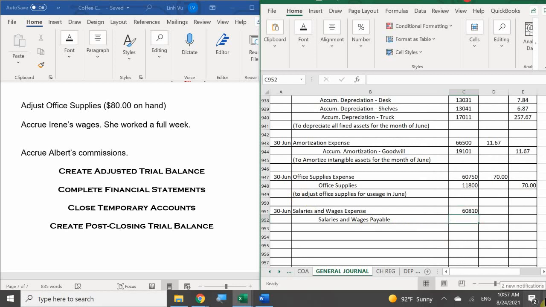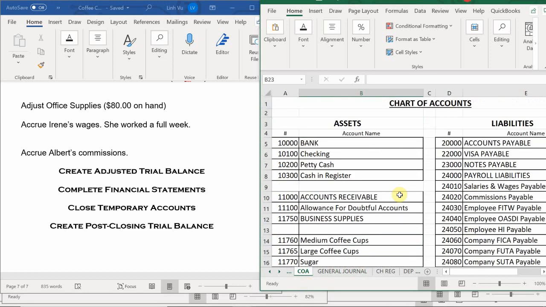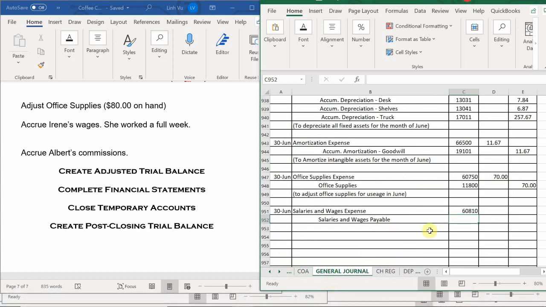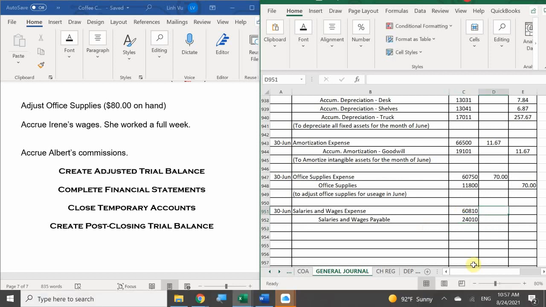And then what's my salary and wages payable account? $24.10. So let's go ahead and accrue that amount.